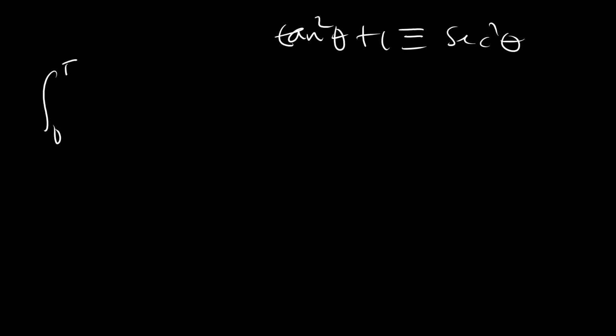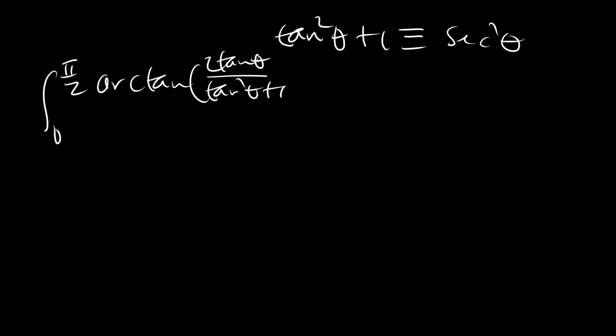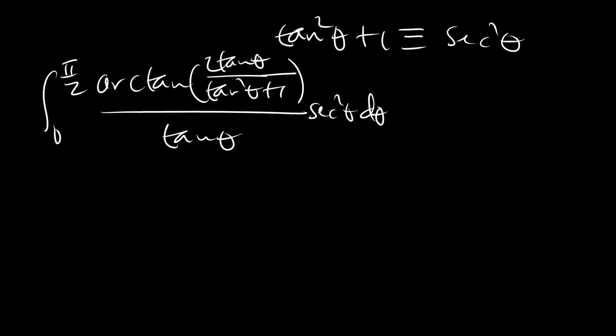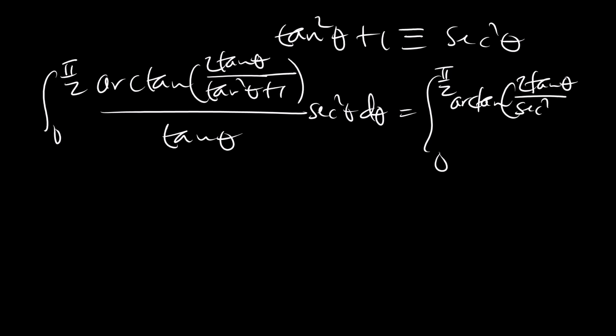Therefore, the integral from 0 to pi over 2 of arctangent of 2 tan theta over tan squared theta plus 1, over tan theta, times sec squared theta, is equal to the integral from 0 to pi over 2 of arctangent of 2 tan theta over sec squared theta, over tan theta times sec squared theta.